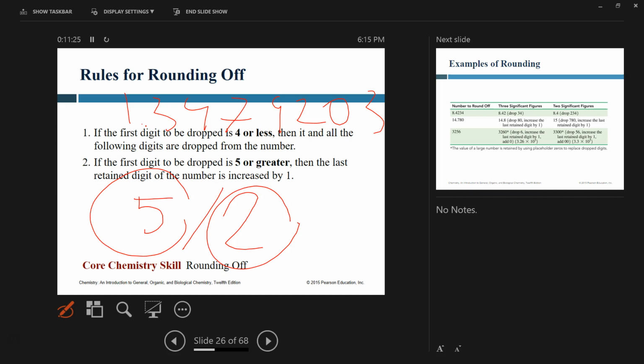Am I clear? How do you know which figure that is? That's the first digit that you're dropping. If it's more than 5 or 5, you increase the last significant figure by 1. So what's going to be your rounding? 1.35. We clear? We good?